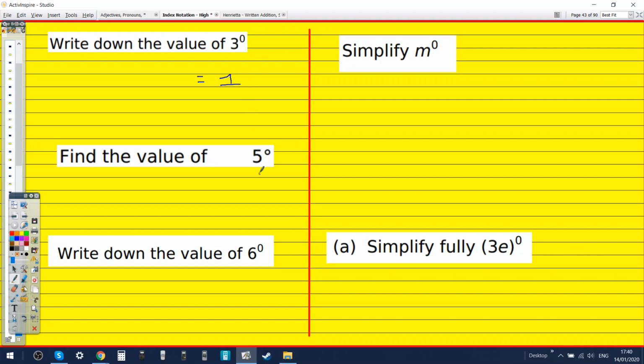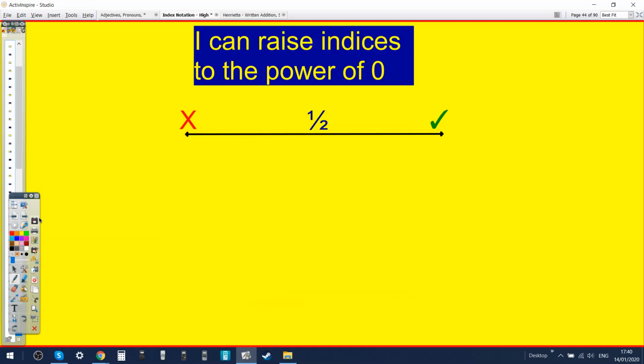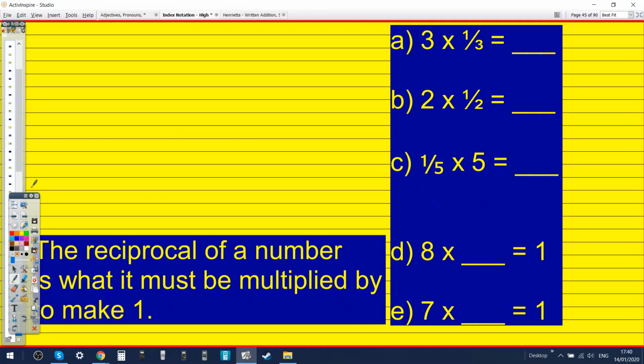Yeah. 5 to the 0? 1. 6 to the 0? 1. M to the 0? 1. 3e to the 0? 1. Yep. That's it. Any number to the power of 0 is 1. There's no other thing to it. Anything to the power of 0 is 1, always.